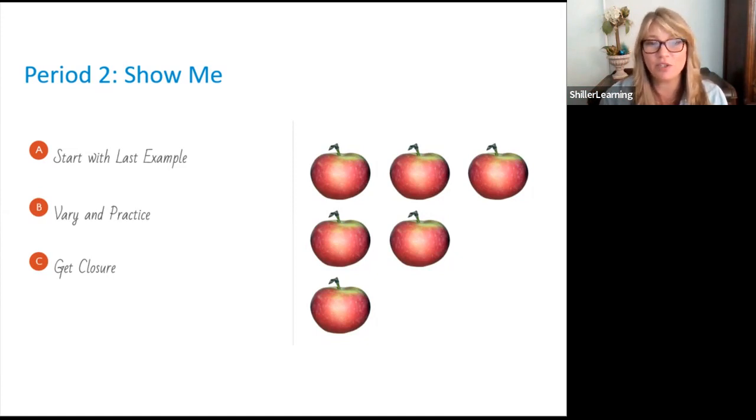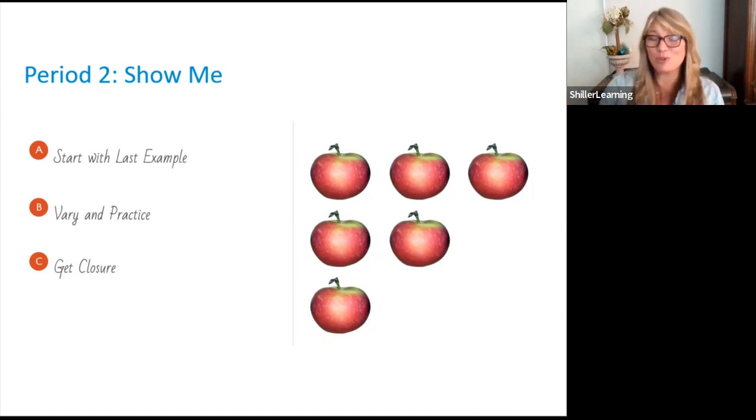In the case of introducing numbers, if they have a collection of toys, can you bring me 2 dolls? Can you bring me 3 of the Matchbox cars? Can you show me 1 book? So they can see that that same quantity applies across any object, or if it's geometric shapes.